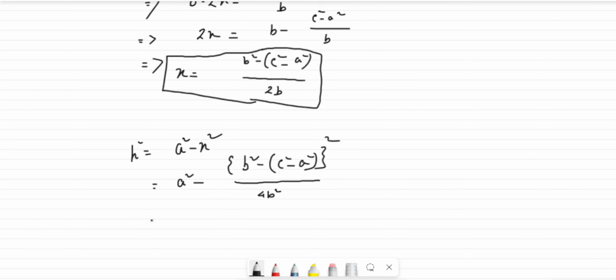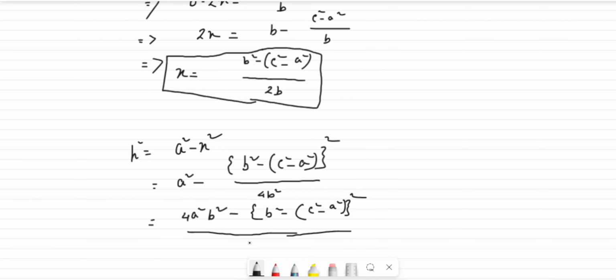So we can write 4A square into B square minus B square minus C square minus A square whole square by 4B square, right?